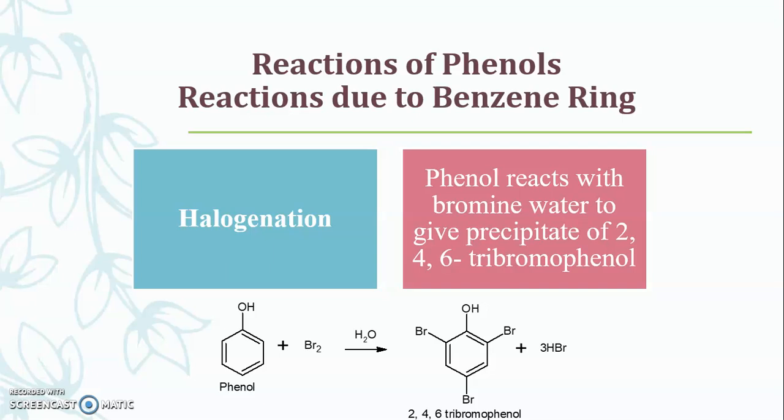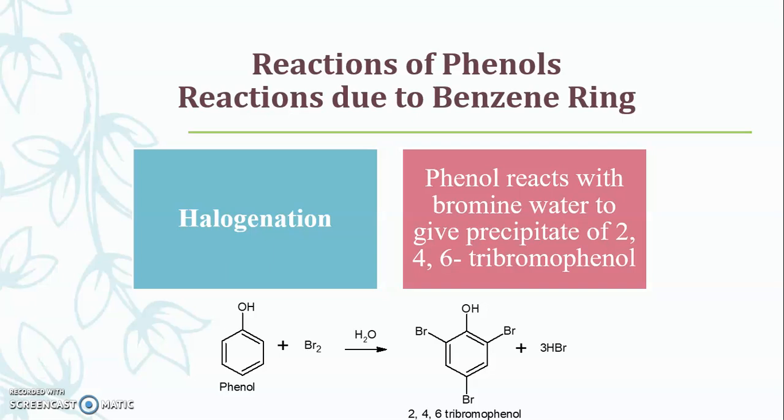Also we can perform these electrophilic substitution reactions of the phenol under much milder conditions. Means we can perform these reactions at lower temperature. Dilute solutions can also be utilized. So very harsh conditions are not required to perform these chemical reactions.